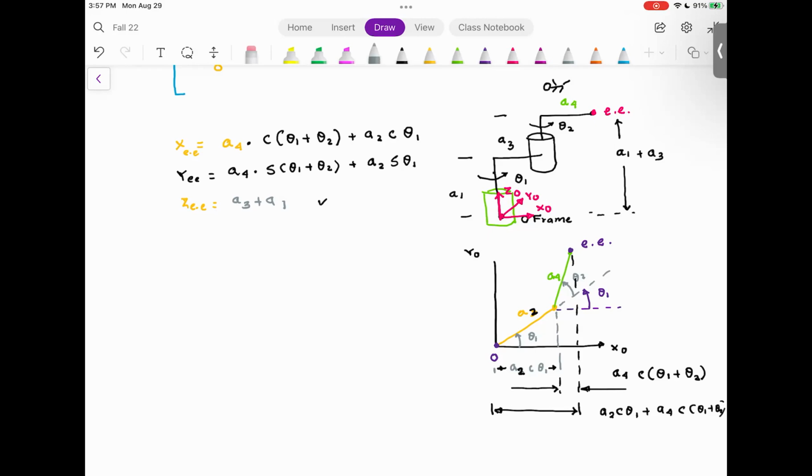Same thing happens over here. So this becomes A2 sine theta 1 and this guy becomes A4 sine of theta 1 plus theta 2.